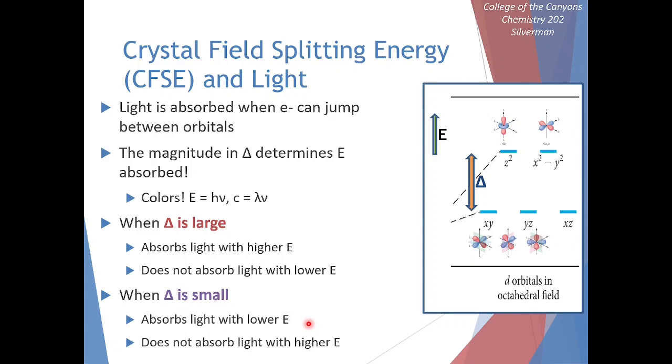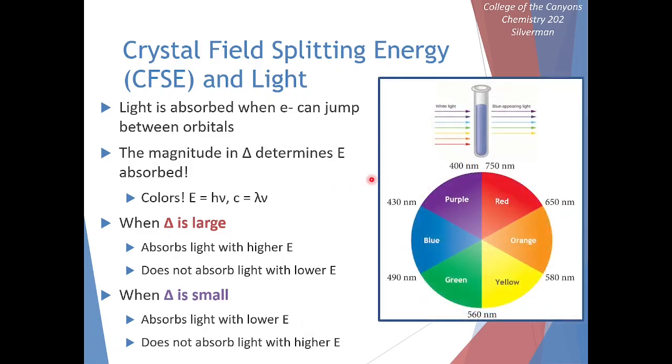There's a wrinkle here. As it turns out, if you have these complexes, what light gets absorbed is actually the complementary color to what color it appears. If we are absorbing the red colors of the visible light spectrum, that does not mean our compound is red.